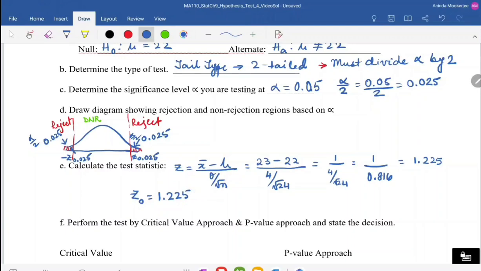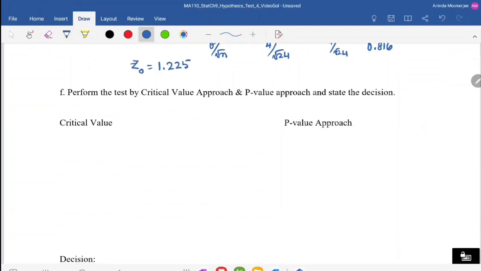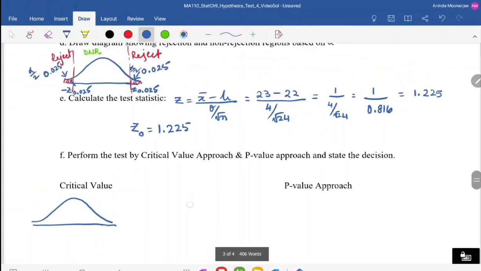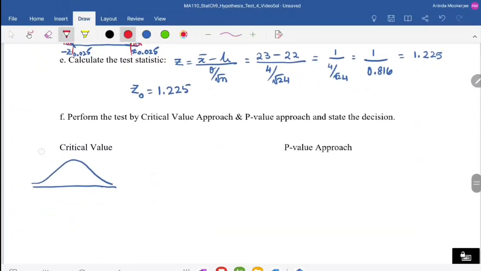All right. Now it says part F, perform the test by critical value approach and p-value approach. So again, please draw your diagram. All of these approaches must be supported by a diagram. So critical value approach, again, same diagram as what we drew for part D. I'm going to have my reject regions on both ends.